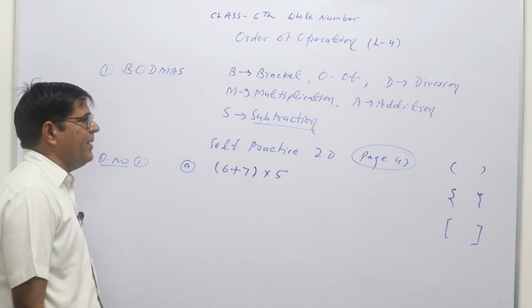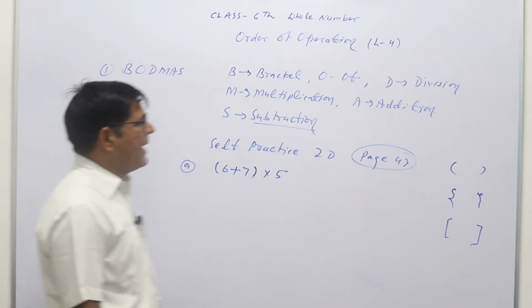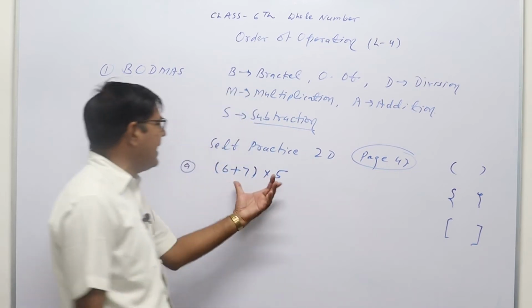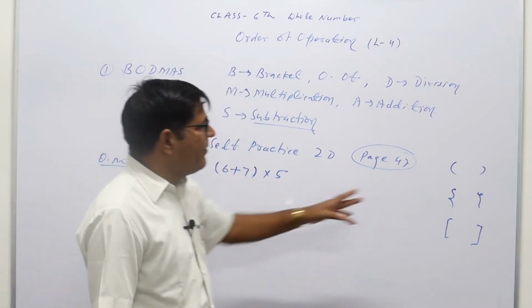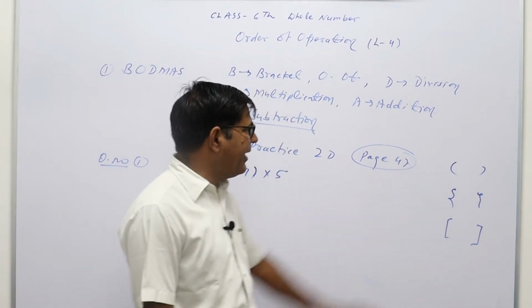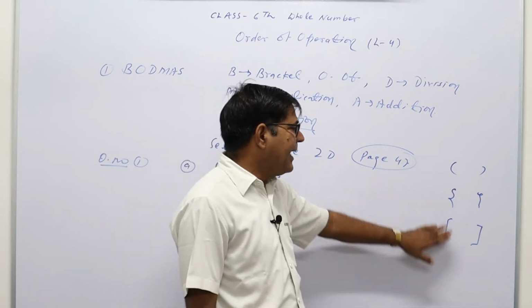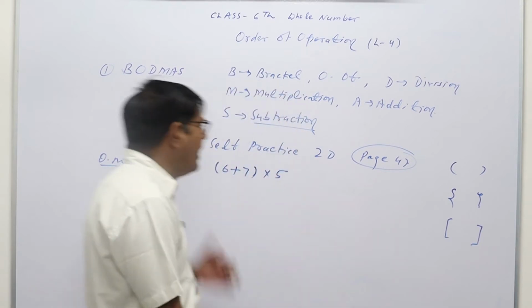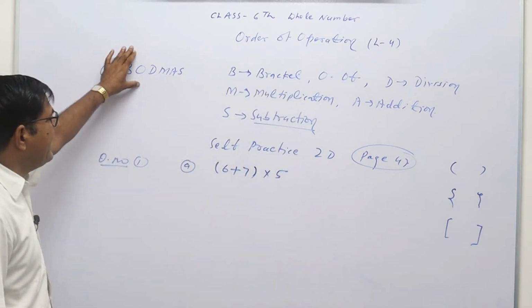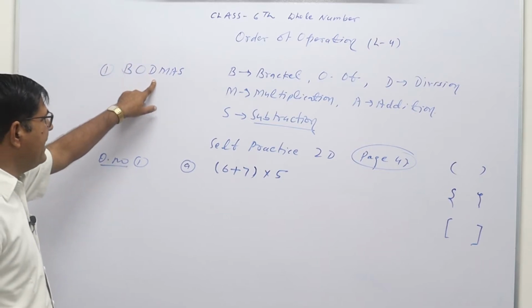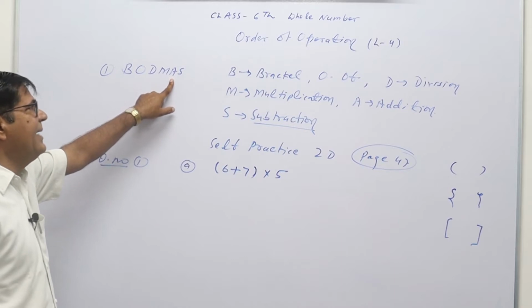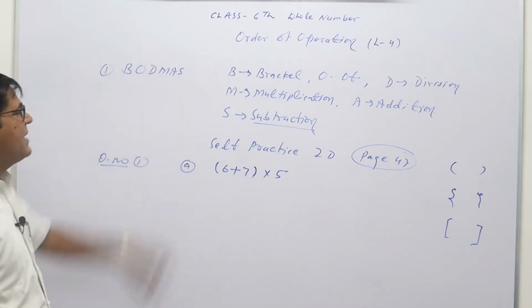Out of these 3 brackets, if any two, for example small and curly brackets, are contained in the expression, then first we remove the small bracket, then the curly bracket, and then the big bracket. So first we will do bracket of, then division, then multiplication, then addition, and then subtraction.